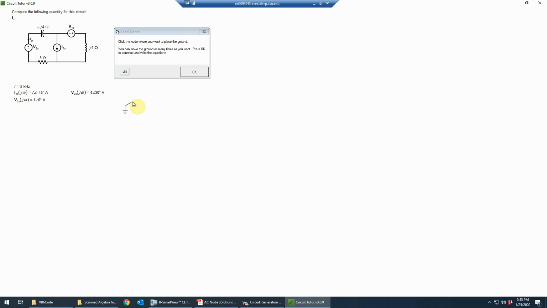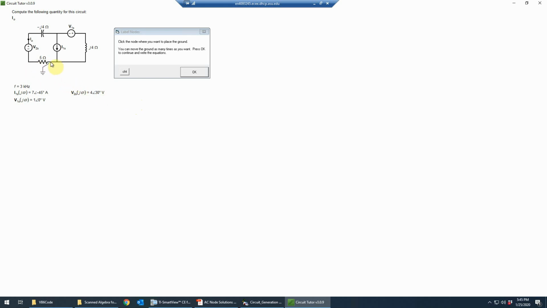So our first task, as always, when doing nodal analysis, is to pick a reference node. If we fail to do that, then we will have no way to compute any nodal voltage because there will be no absolute values established for them. So generally we want to pick a node that has as many things as possible attached to it, including, if possible, voltage sources.